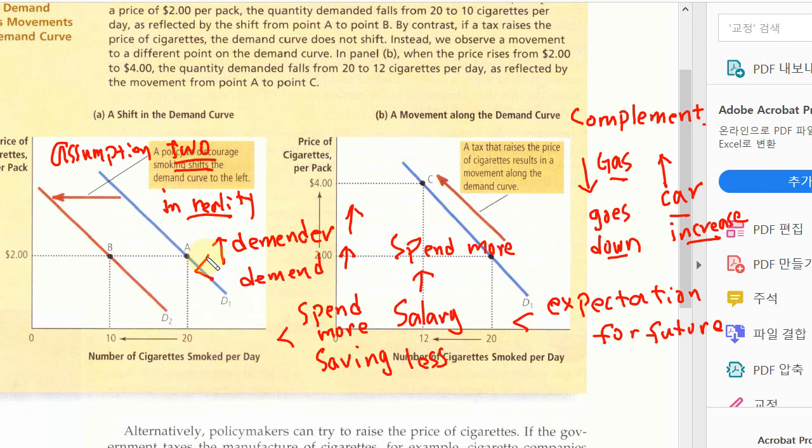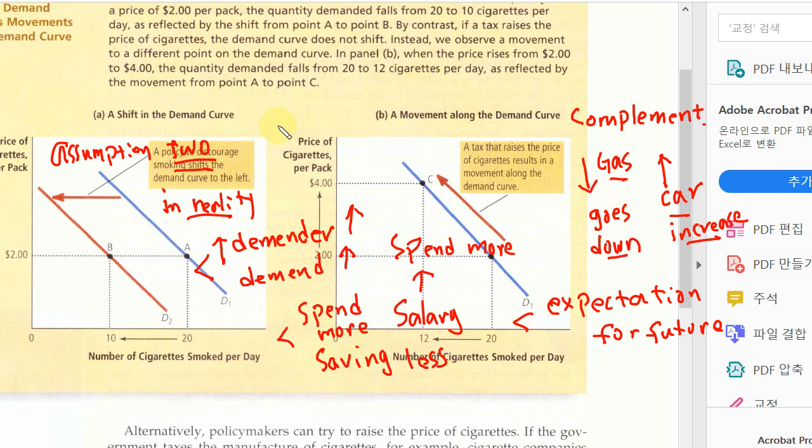So this is the demand principle and the demand curve, which has two variations: a shifting curve and a movement along the curve. We have to distinguish these two. The same applies to the supply schedule, the supply graph.